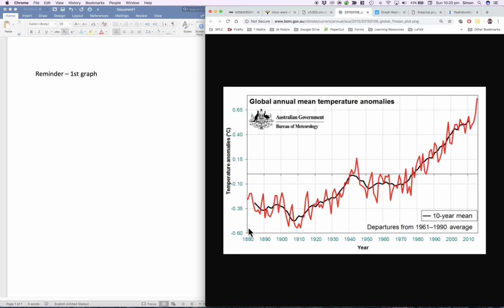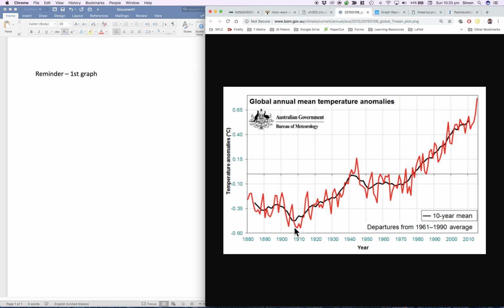So let's imagine Mario starts off at 1880. The temperature anomaly was between these two temperatures here, so maybe negative 0.2 degrees Celsius, and then he climbs down to the lowest point, negative 0.5 degrees Celsius, at 1910 or a little bit before 1910.